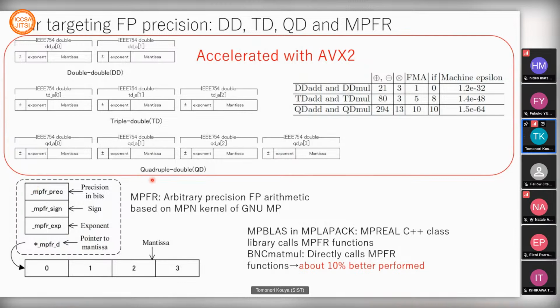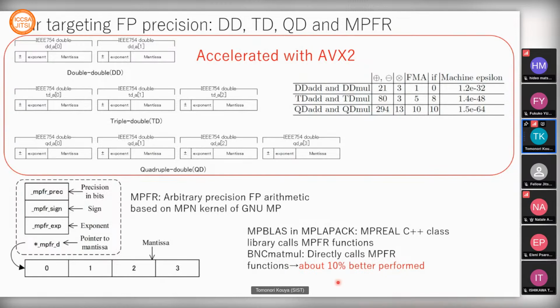Of course, in MPFR arbitrary precision floating point arithmetic, our library can be faster than MPLUS and MPLAPACK functions, because in our library we directly call MPFR functions.